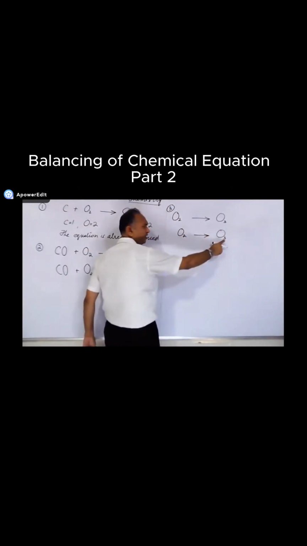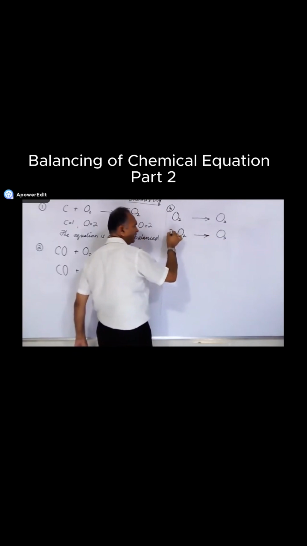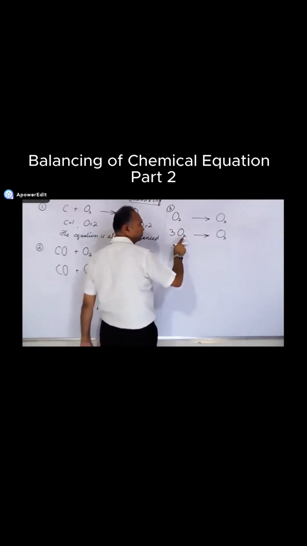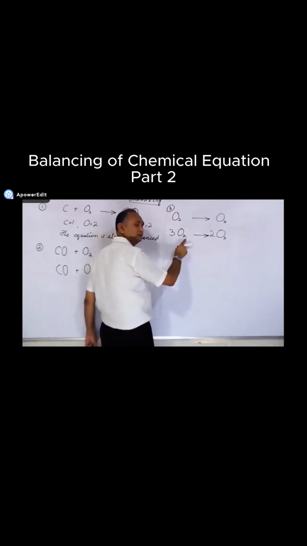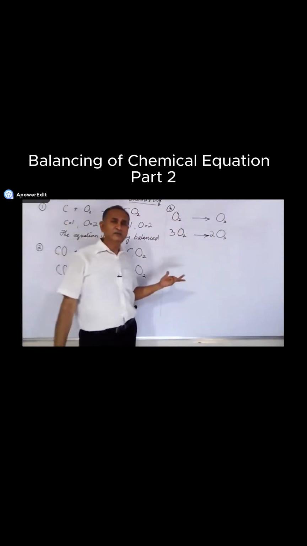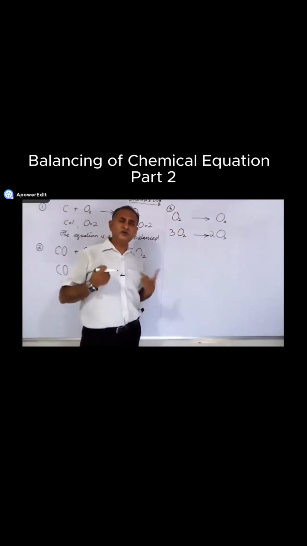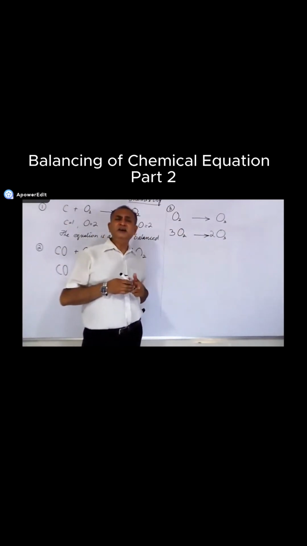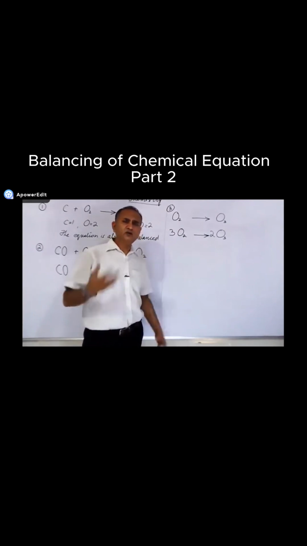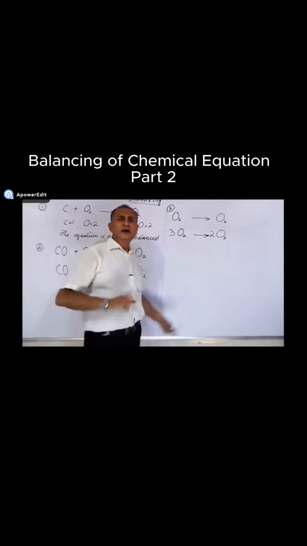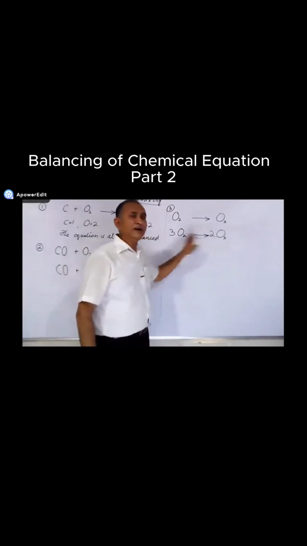What's the coefficient here? 3. What's the coefficient here? 2. Now how many oxygen on the left side? 3 2s are 6. How many oxygen on the right side? 2 3s are 6. So what is the point to be noted here? If you see any 2 consecutive numbers, like 2, 3, like 3, 4, like 4, 5, then exchange their coefficients.